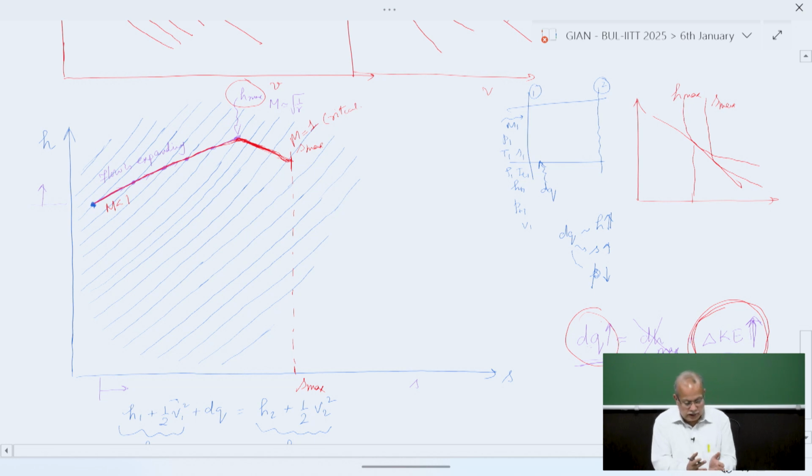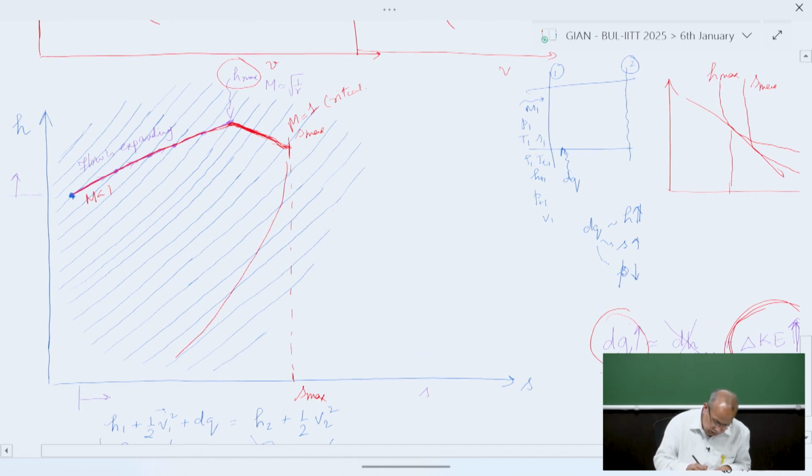So you reach the point of maximum entropy, so we can't go to the right any further. And I can't come in this direction because it is a violation of the second law of thermodynamics. So the way forward for me is, so this is not possible.